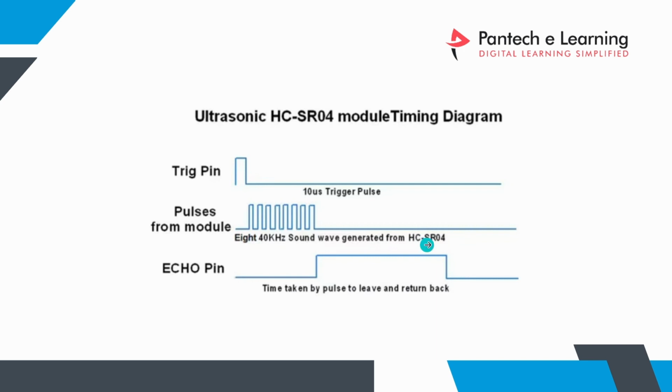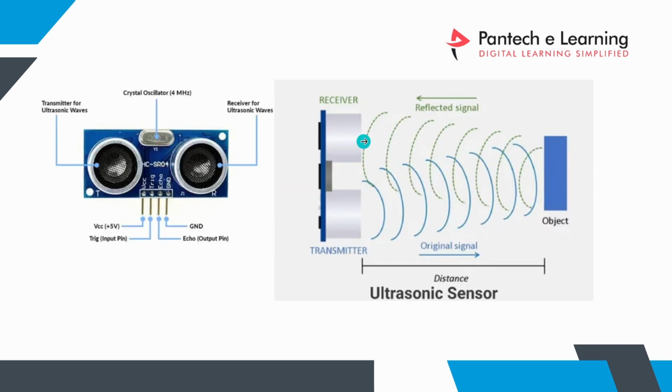This is the module we are using, the ultrasonic sensor HC-SR04. After the 10 microsecond trigger pulse is given, the transmitter module will generate a 40 kilohertz sound wave, a sonic burst of this frequency. Then it will go, hit the object and reflect to the receiver.